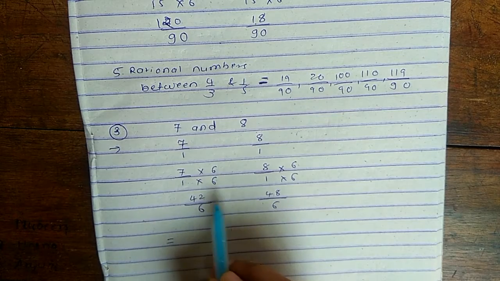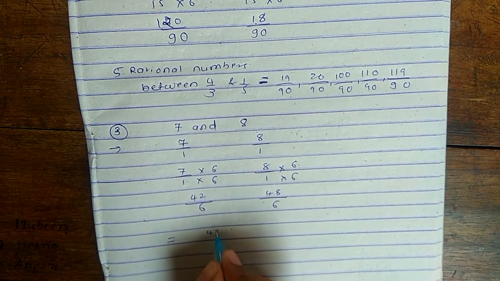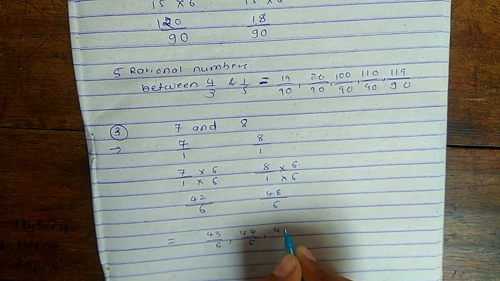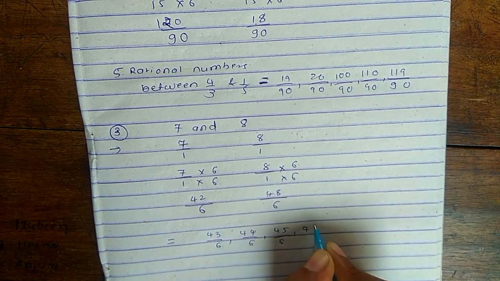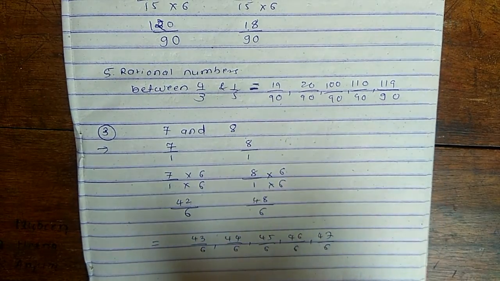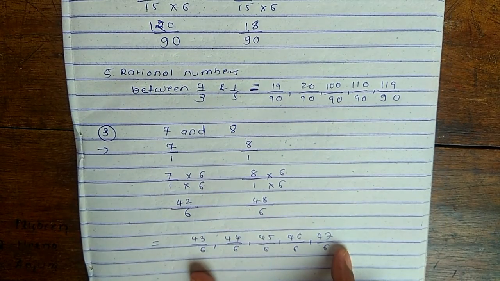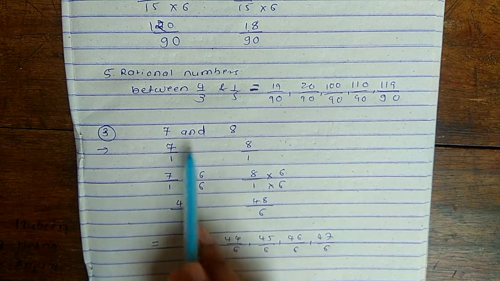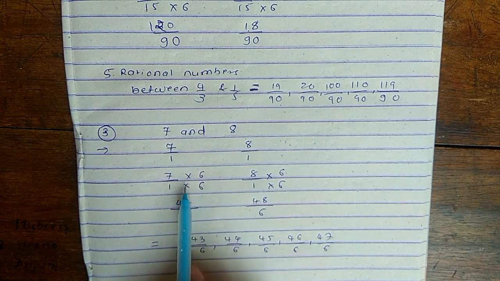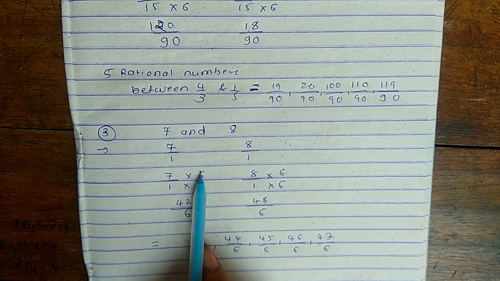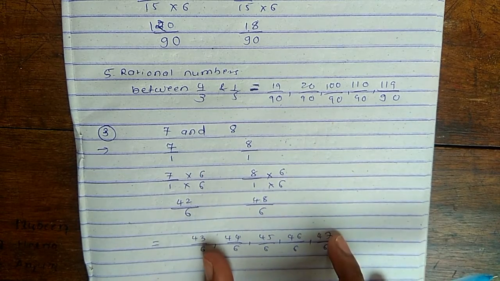So between 42 and 48, you have 43 upon 6, 44 upon 6, then 45 upon 6, then 46 upon 6, then 47 upon 6. So we will get exactly 5 rational numbers. Why? Because according to the rule, we wrote both in P by Q form and the denominators are also the same. So when denominators are the same and you multiply with exactly 6, you will get exactly 5 rational numbers.